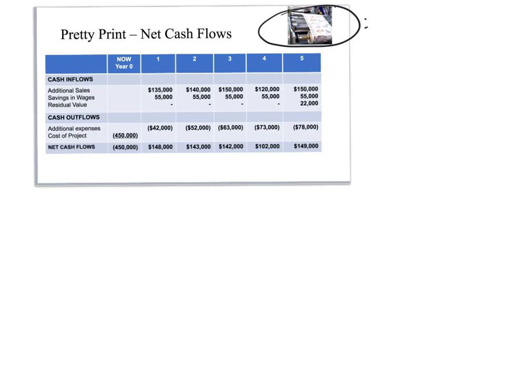So they're looking at buying this particular machine, and so as you can see here from the cash flows, the cost of the machine that we're hoping to buy is $450,000. So a little bit more money we're spending here. It's going to have a useful life of 5 years, and then at the end of the useful life, it's going to have a residual value, or we think we can still sell it for $22,000.